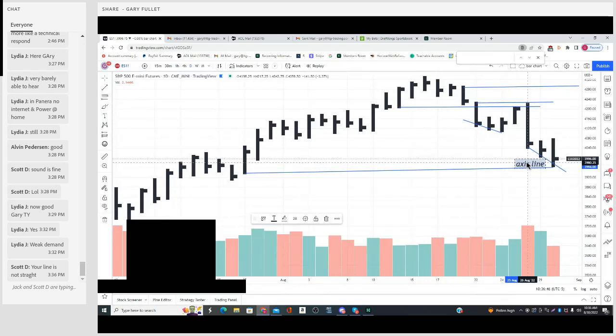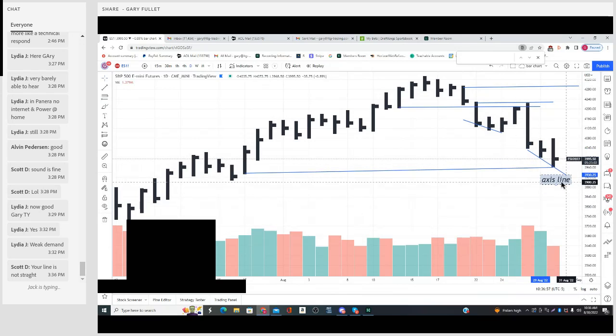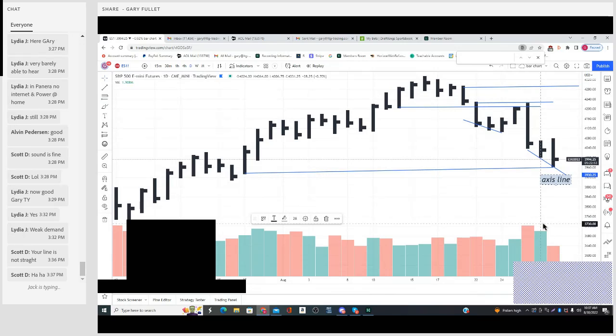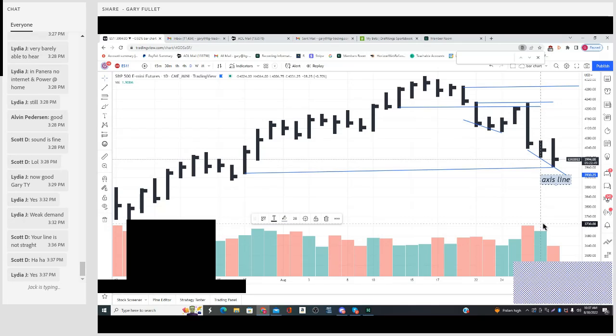There. Okay. You see that? You're not straight. Does that make sense? So this is more of the shortening of thrust wave structure than just this yesterday because it had the next one.